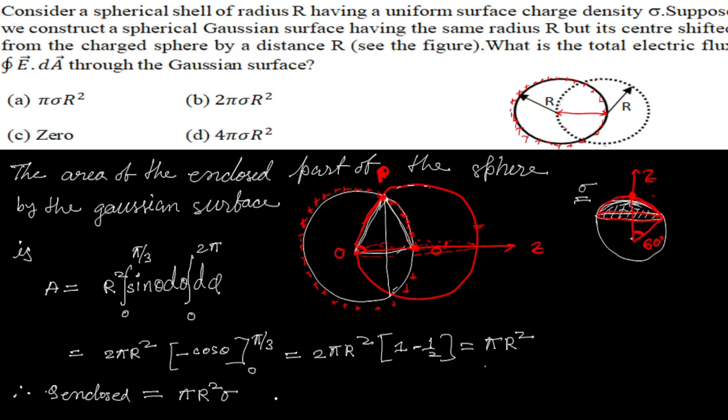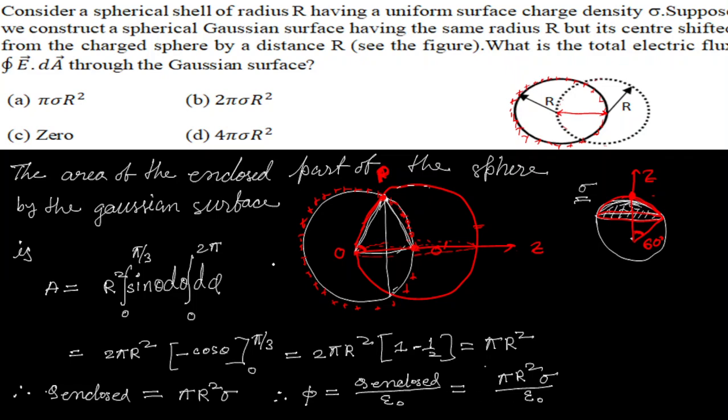So once you know Q enclosed, what will be the flux through this Gaussian surface? Q enclosed divided by epsilon naught. So in this case it will be pi r square sigma divided by epsilon naught.